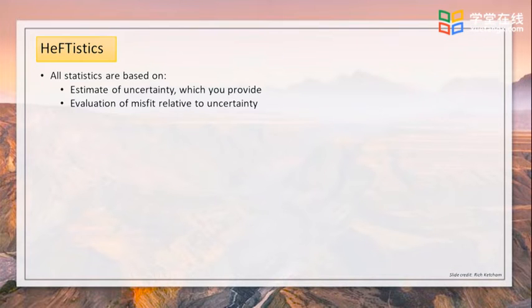To understand that figure, we need a brief understanding of some statistics in HeFTy. First, all of the statistics are based on estimation of uncertainty, which you provide as your input data, and the evaluation of misfit relative to the uncertainty.